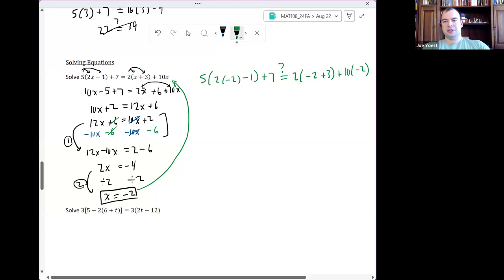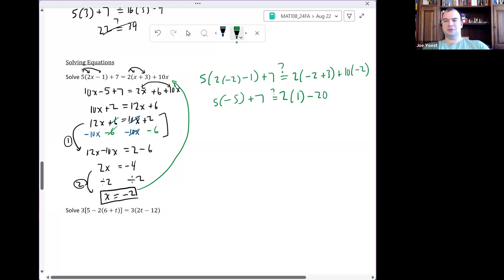And on my left side, if I start inside my parentheses, I get 2 times -2 is -4 minus 1 is -5. And on my right side, I get 2 times, -2 plus 3 is 1, minus 20.